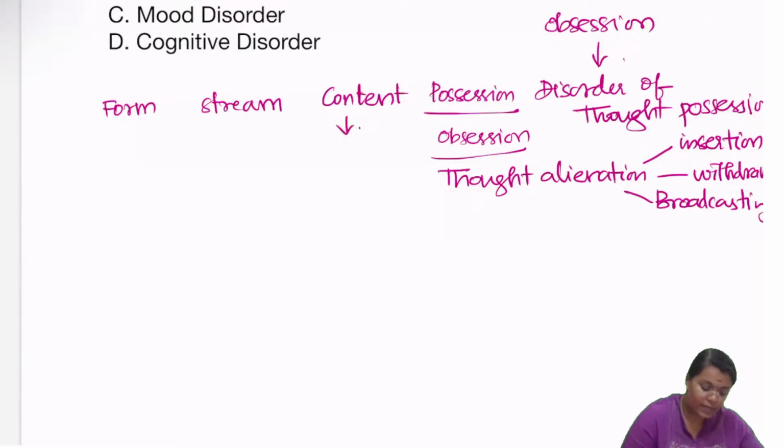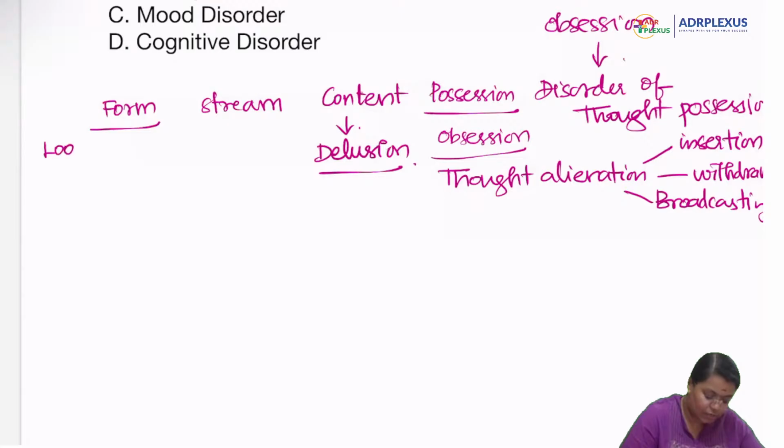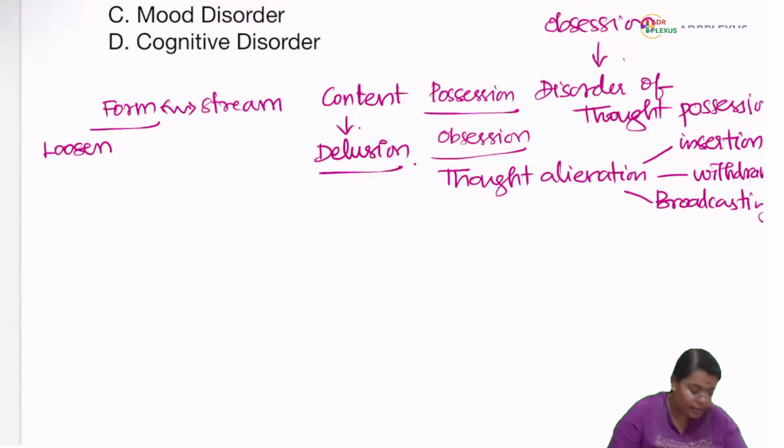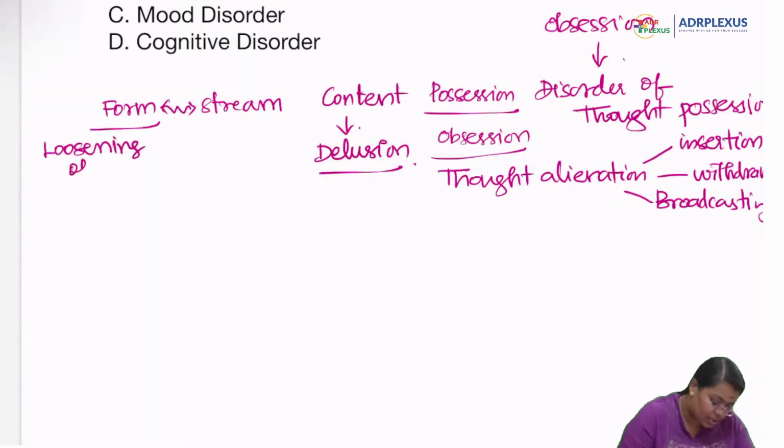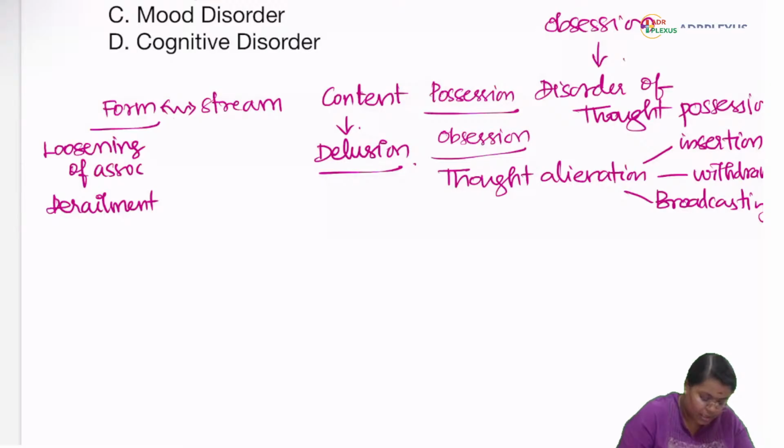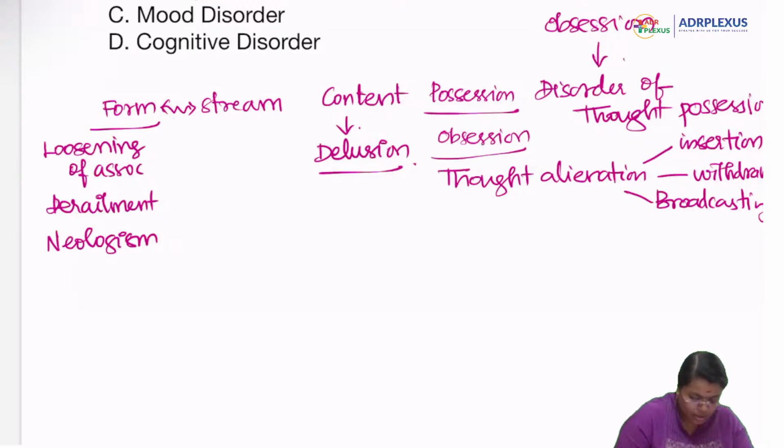Disorder of thought content is where the content is actually false. There is delusion, with multiple types of delusion. Disorders of thought form: there is loosening of association, there is derailment, there is neologism, there is thought block.